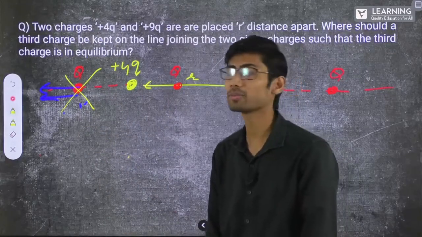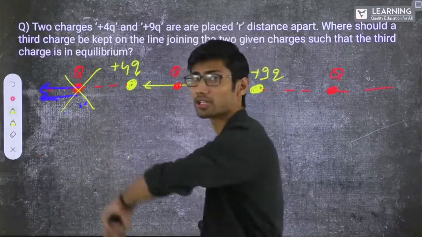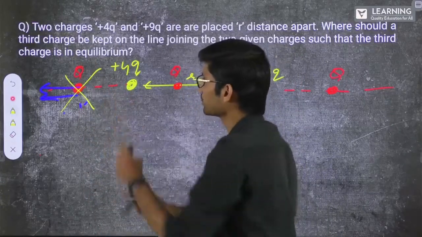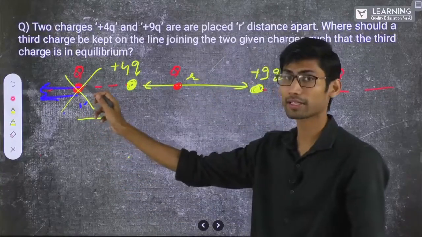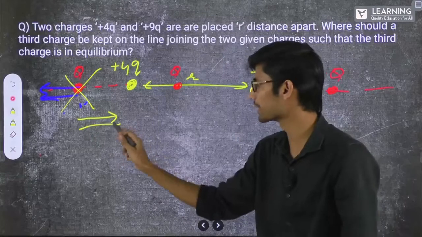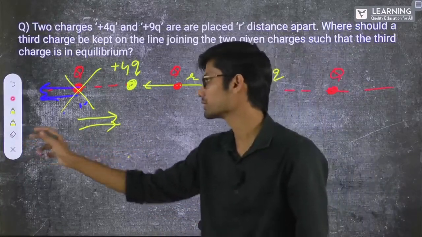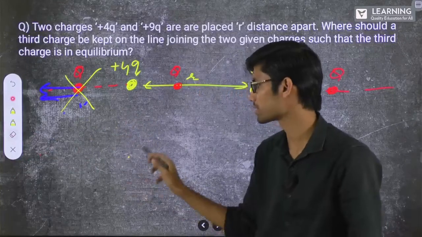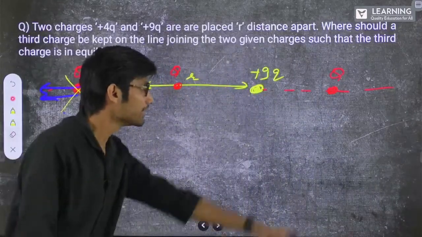The net force will never be 0 because the directions are same. If you keep a negative charge also, the direction of force because of this will be this side, and the direction of force because of this will also be this side. Net force can never be 0. You can consider any charge, you will get the same answer. Okay. Now, let's see this one.